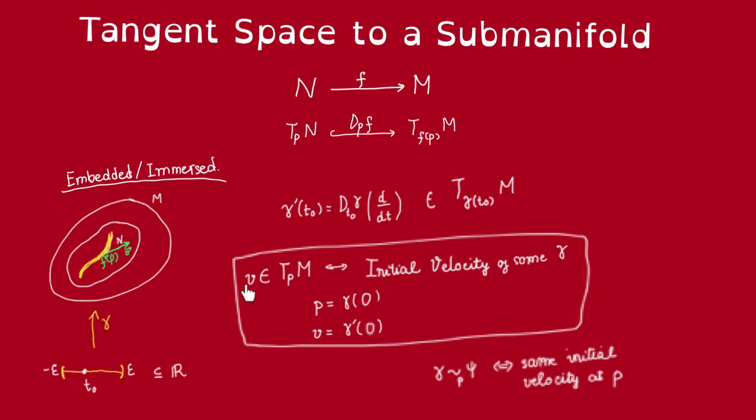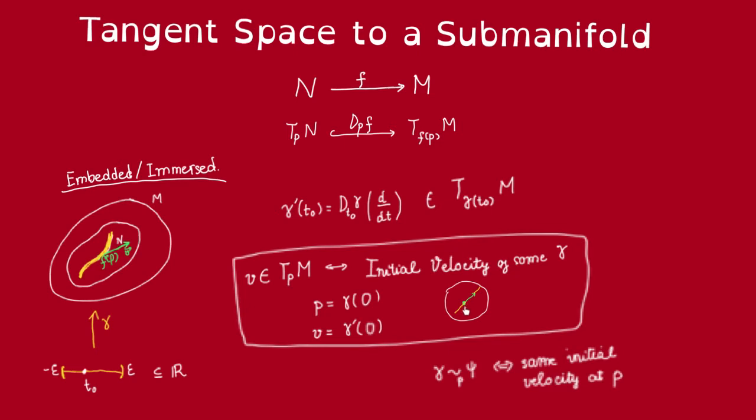It turns out that every tangent vector in this tangent space is going to be the initial velocity of some curve starting at p. This is not hard to see because, taking a local coordinate patch centered at p, we can just take this curve to be a straight line in the direction of this tangent vector.